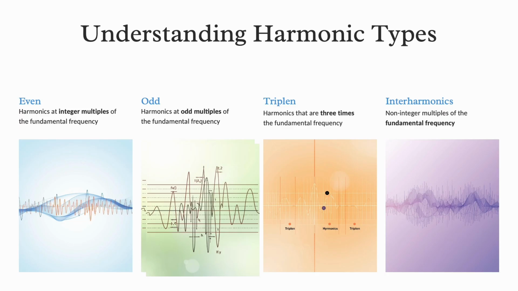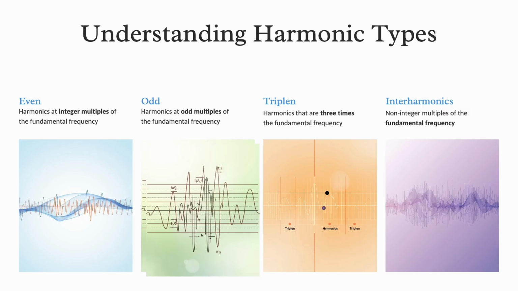Next, we have a special category called triplen harmonics. These are harmonics whose order is a multiple of 3, such as 3rd, 9th and 15th. These are also called zero sequence harmonics because in a 3-phase system, all 3 phases of these harmonics are in phase with each other. They do not cancel out.